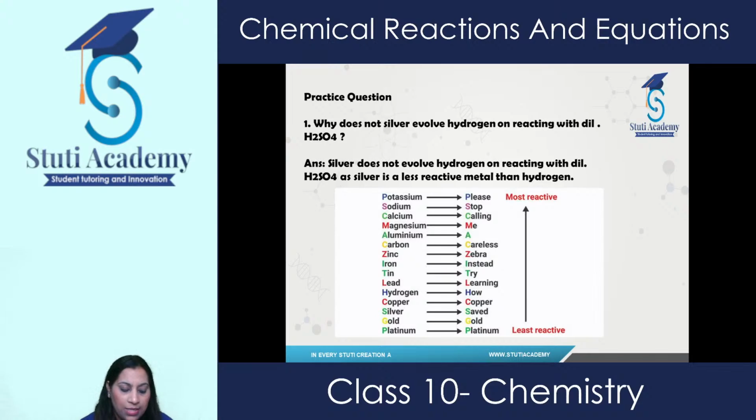Here, this is sulfuric acid, H2SO4. So the question is, if silver reacts with dilute sulfuric acid, no hydrogen gas is evolved. What's the reason?